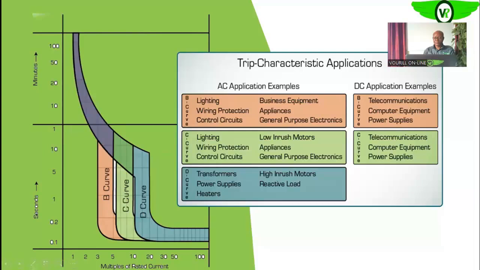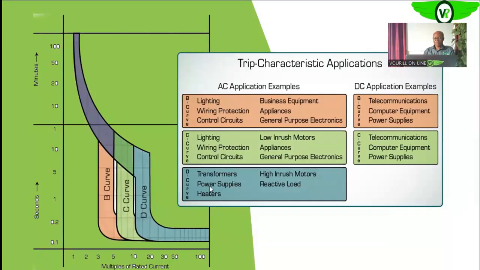So it depends on the inrush current, which is usually stated in the manufacturer's manual. Or if you don't have that, you can probe with your current meter to get the inrush current of the transformer.